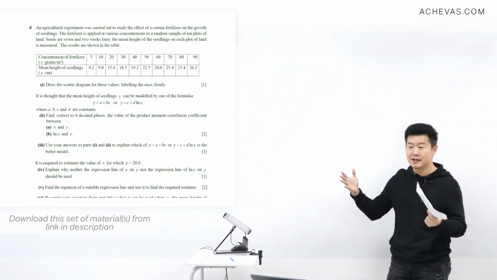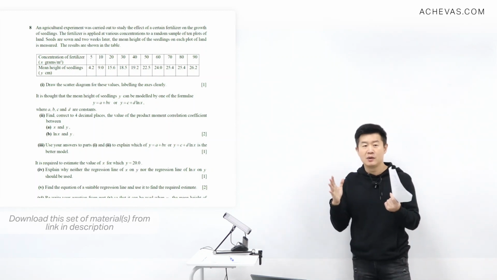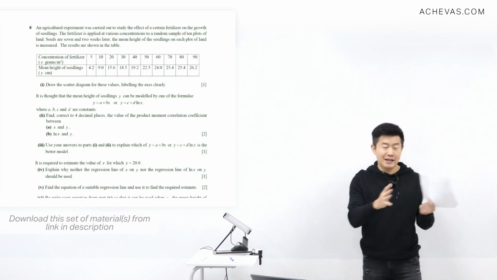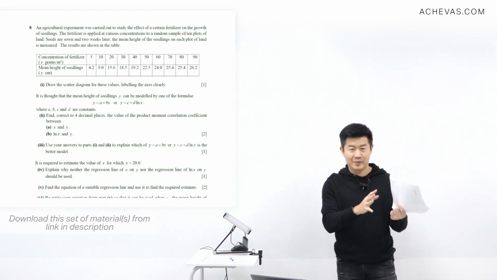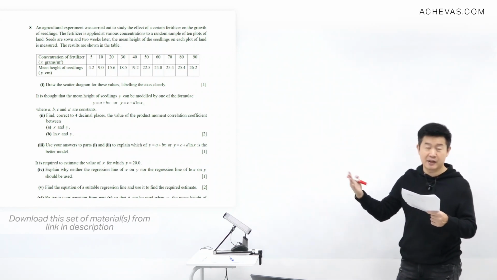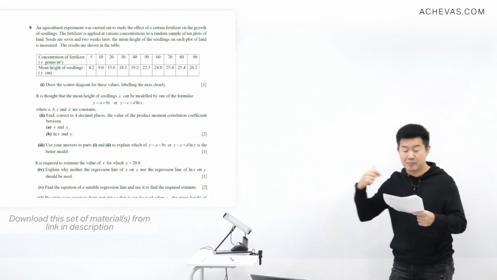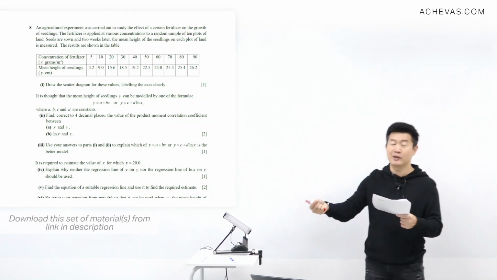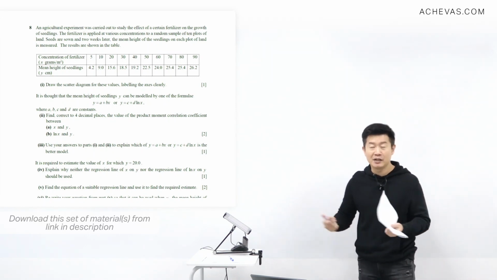That is how the entire experiment is carried out, and that is how any regression line is supposed to be defined. If you read this question, we can see a very obvious independent and dependent data, because the fertilizer is being applied. The fertilizer is introduced into the experiment, so it is the data that is independent of the experiment.